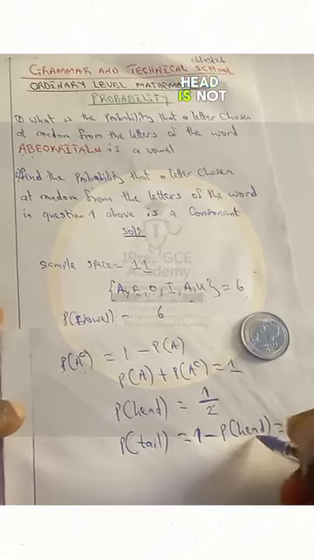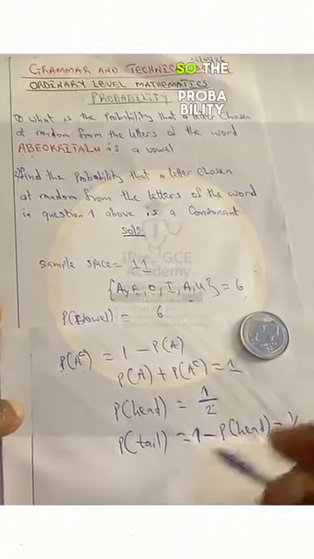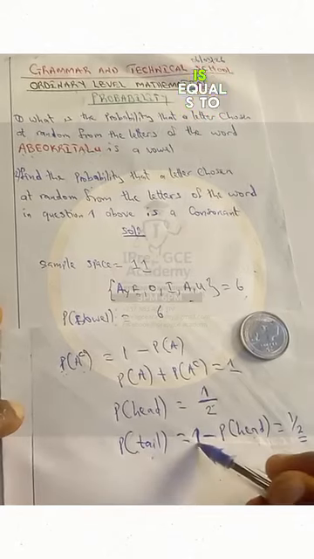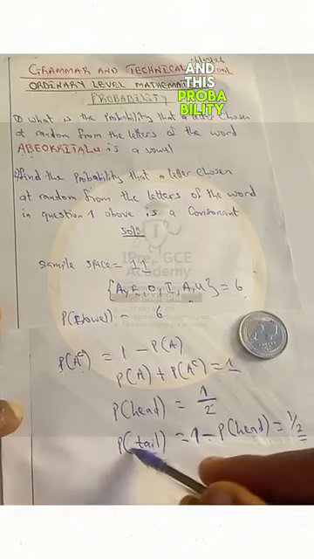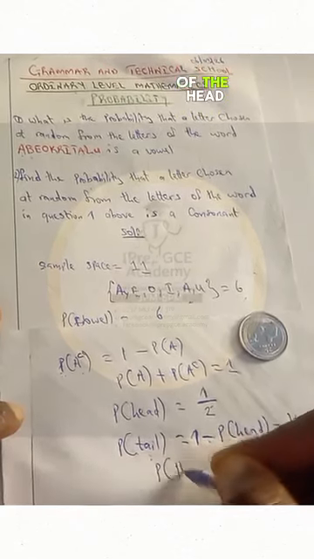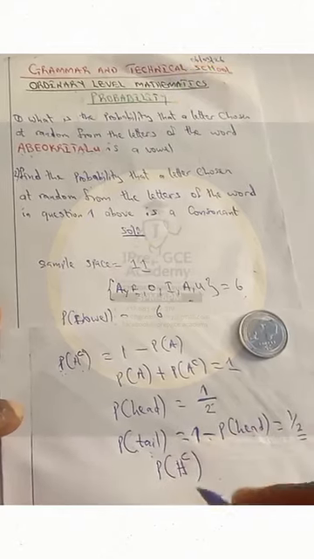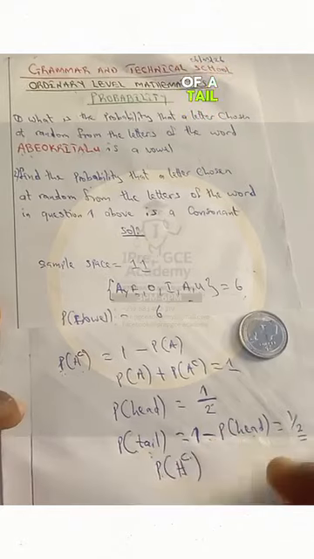So if a head is not showing up, then whatever should be showing up is a tail. And this probability of a tail showing up is the same as the probability of the head not showing up.